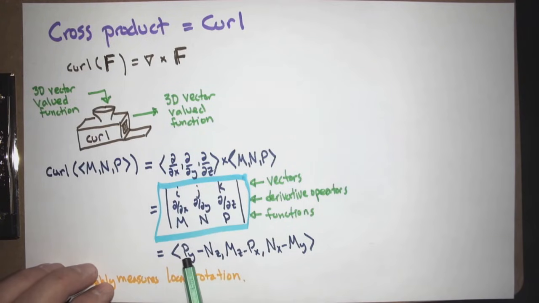So that's p sub y. So this indicates the derivative of p with respect to y. Then in the other case, you're going to have, in the other direction, n partial z, so that's where you get your n sub z. But it's subtracted. And you just go through and you do it for every single entry. Now, I don't memorize this formula. I memorize the determinant. And I just run it through every single time.